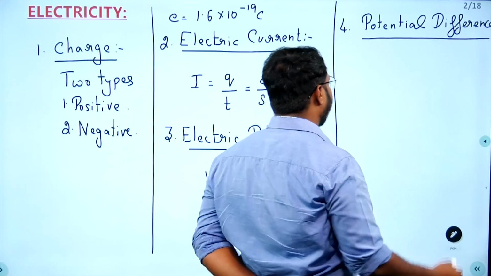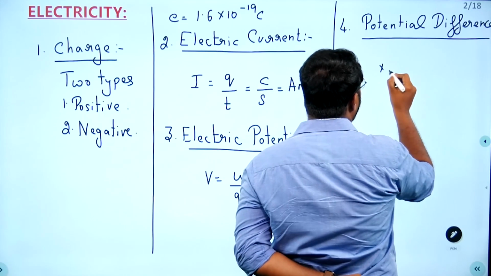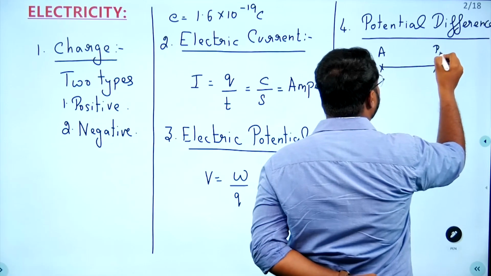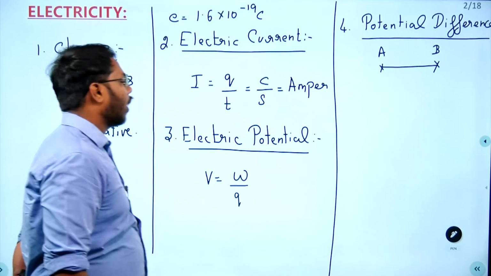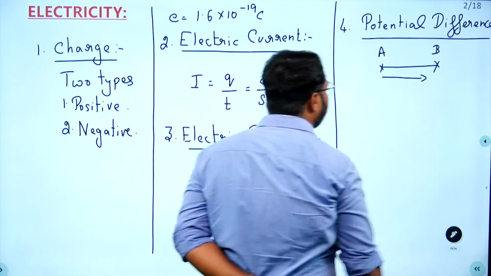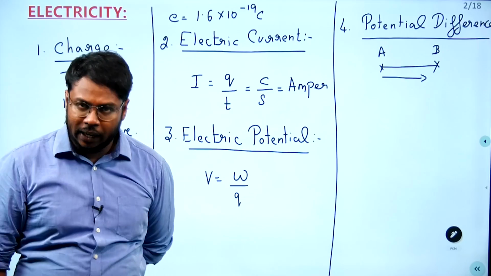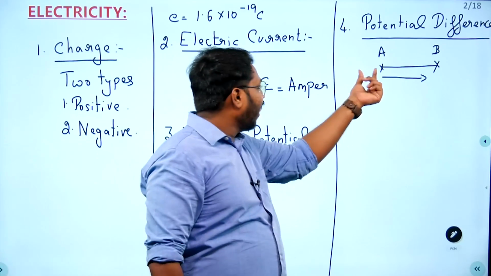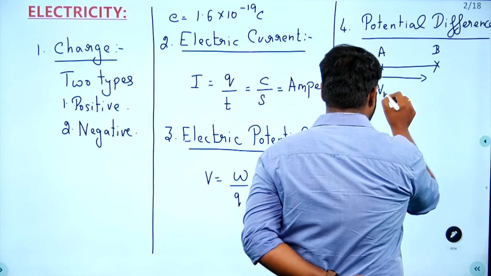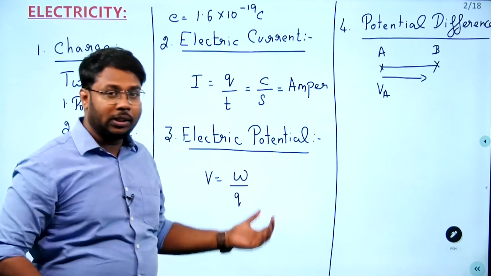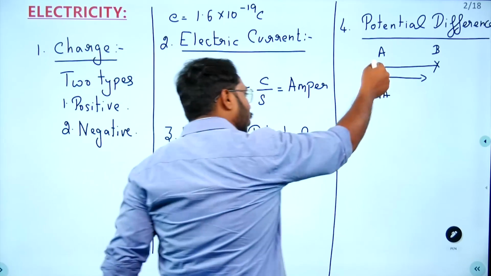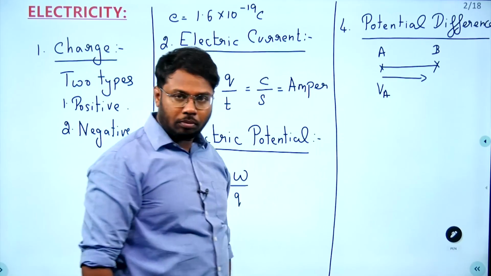You see, let us say you are going to move a charge from this position to this position. I am going to move a charge from position A to position B. So, what I will basically do is, I will find the electric potential at this point. You know what the electric potential is? The work done to bring a charge from the reference point to this point, that is VA.